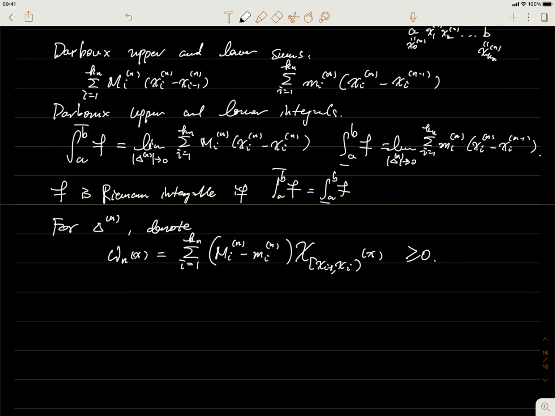Now we're going to define another function, which is called the oscillation of f.